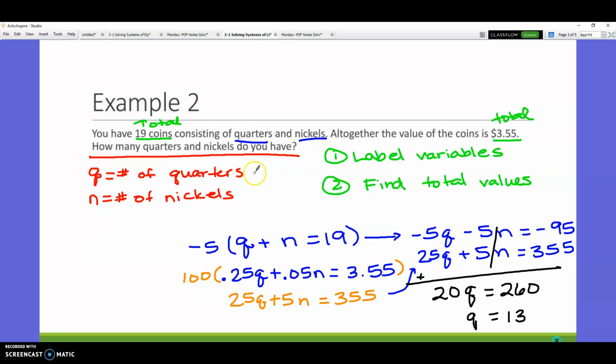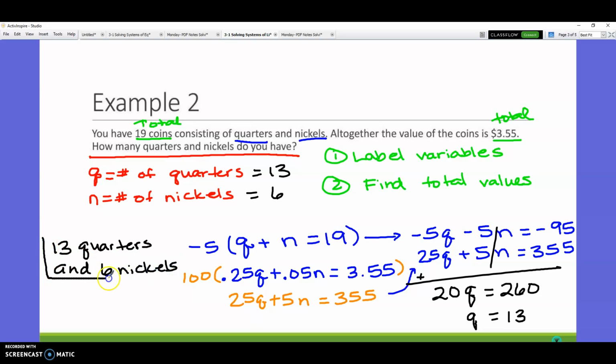So the number of quarters I have is 13, and if I have 19 coins and 13 of them are quarters, then that means 6 of them are nickels. So how many quarters and nickels do you have? 13 quarters and 6 nickels would be your answer.